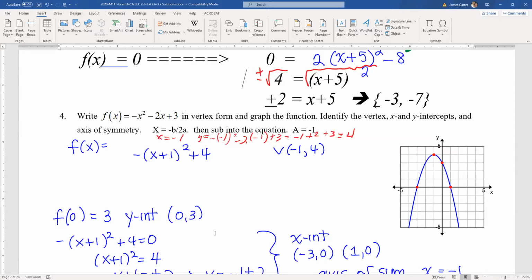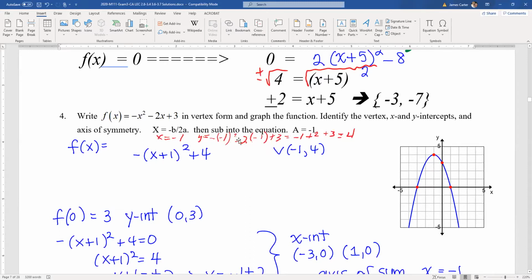Okay, here's another one. In this case, a is -1. If we use x equals -b over 2a, we get x equals -1. So -1 is the x value of the vertex and also our line of symmetry.